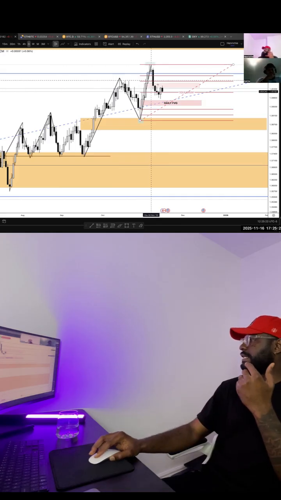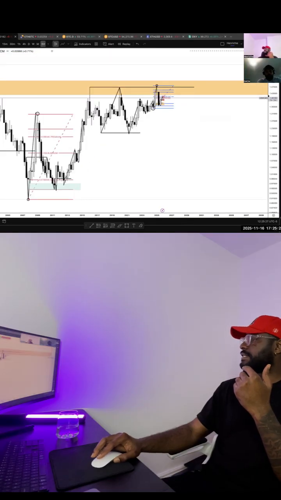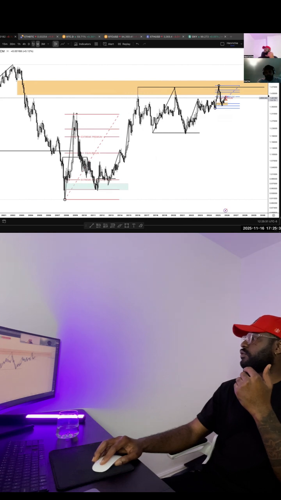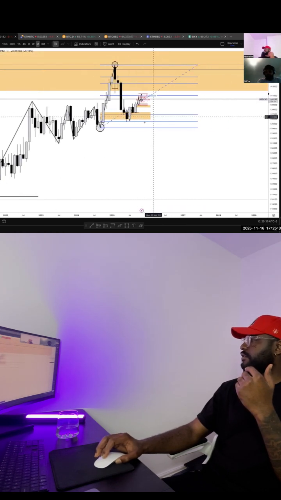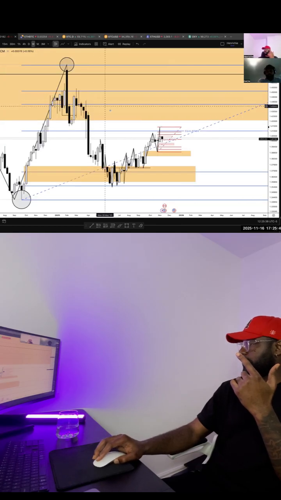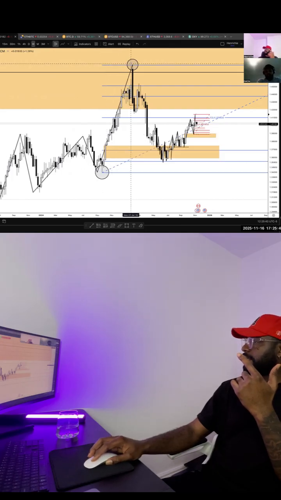If you're looking at this now, for example, and you're seeing that the 3 months is bearish, but when you go to your monthly, you can see that your monthly is bullish, creating higher highs, and your weekly is bullish as well, creating higher lows and higher highs.